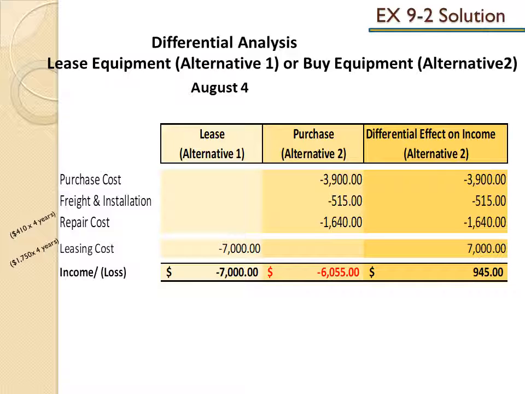So we have a differential effect on income of $945 favorable effect if we were to choose alternative 2. So our decision is that Car Corporation should purchase the new equipment.